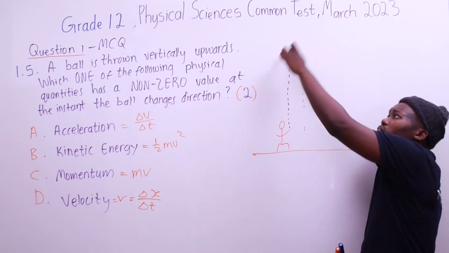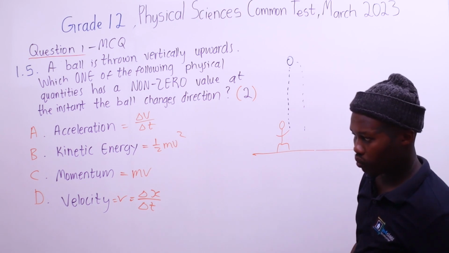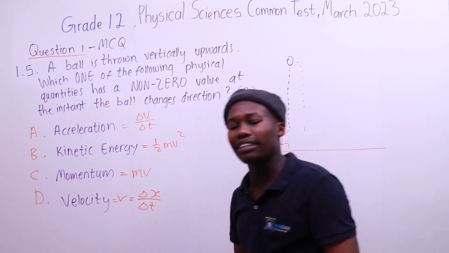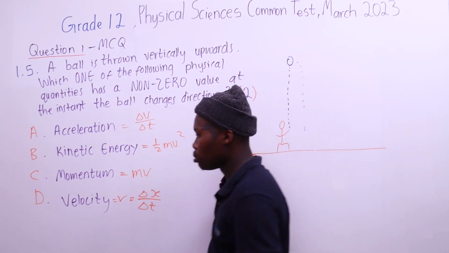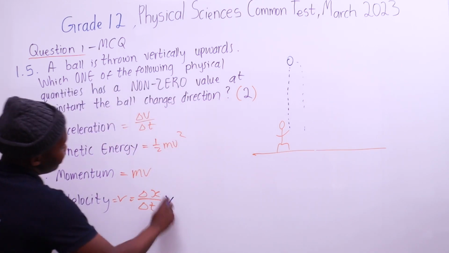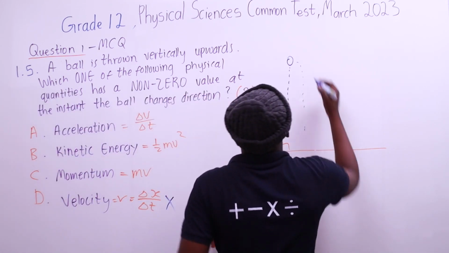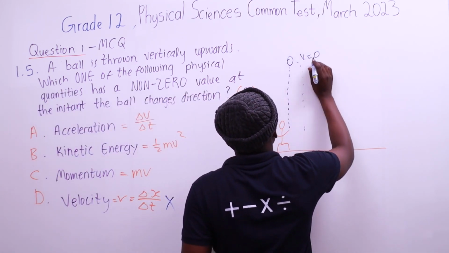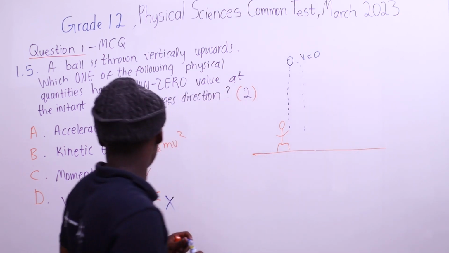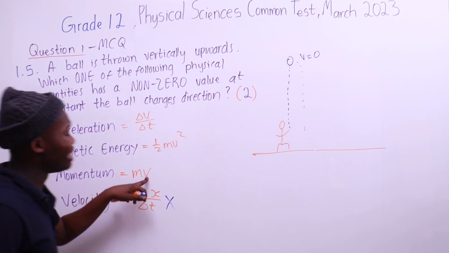So at the maximum height the velocity will be 0. Momentum is the product of an object's mass and its velocity.